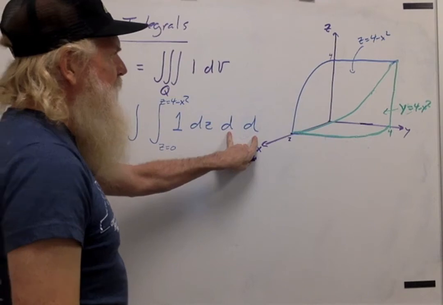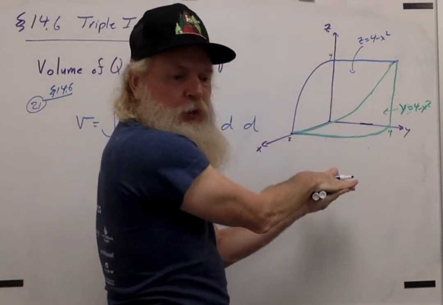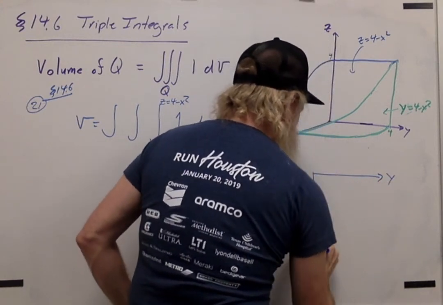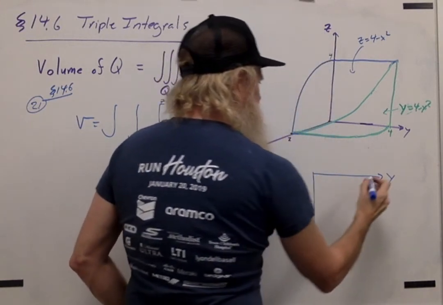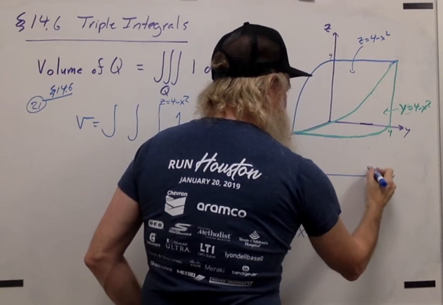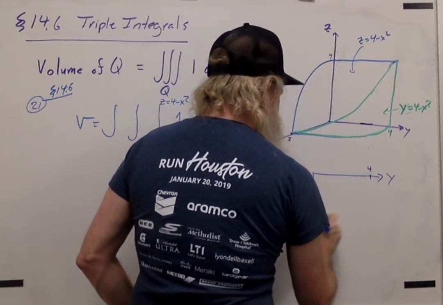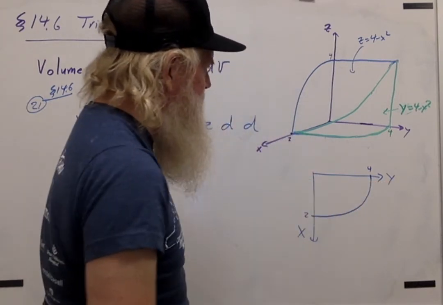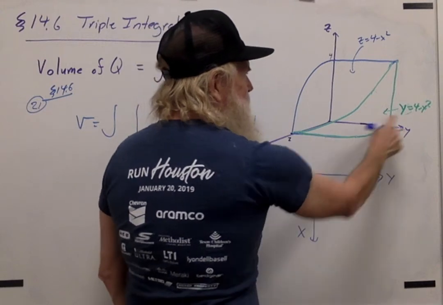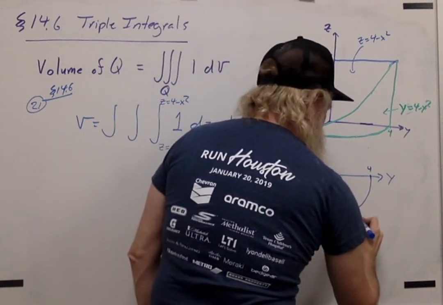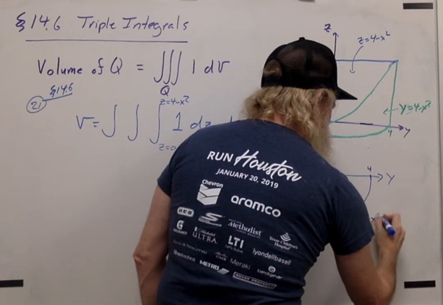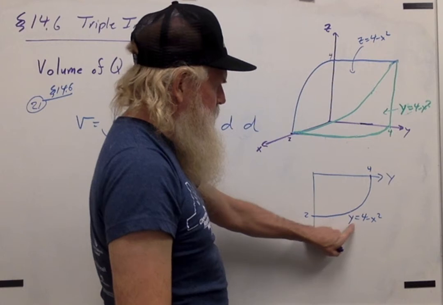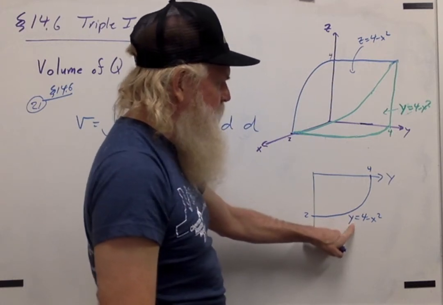Now to set up the bounds for x and y, let's project into the xy plane. In the xy plane, I get a parabola which crosses the y-axis at 4 and the x-axis at 2. And I have this region here. This edge is part of this parabola, y equals 4 minus x squared. And notice that it'll be easier to write this curve in the form y equals than x equals.